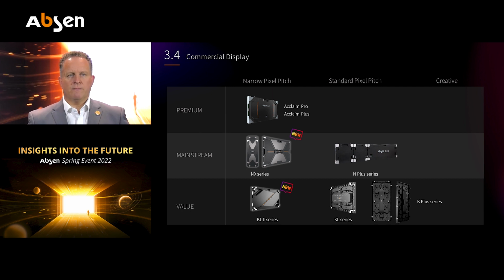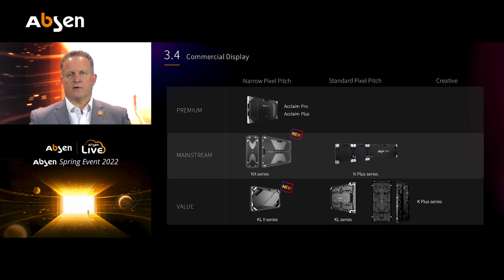The KL2 is the next new product, with, for example, a panel dimension of 640 by 360 millimeter. On the right-hand side, I will never forget to speak about the N Plus series, which is really a hot-selling product in our retail market segment. The KL series, sorry, not the 2, that will come up, and the K Plus series are good alternatives for that as well.